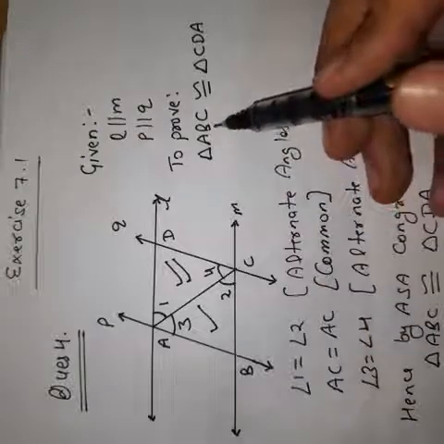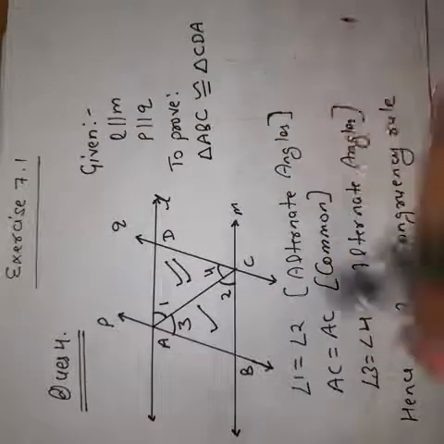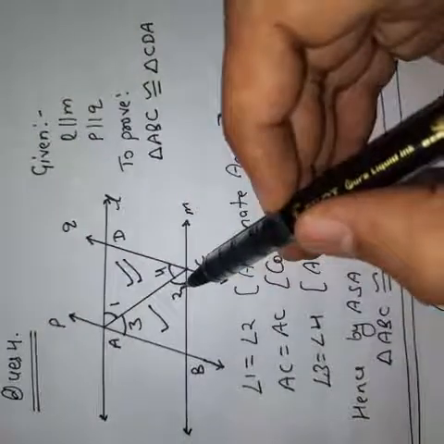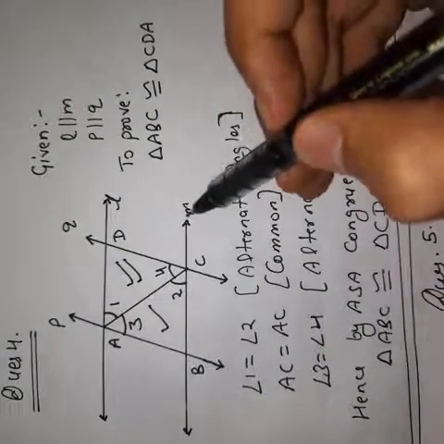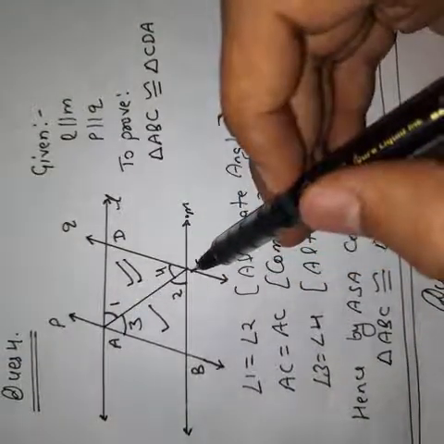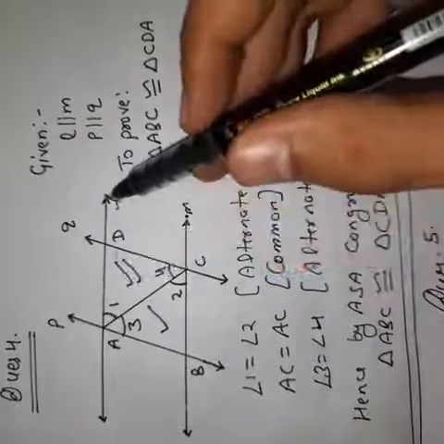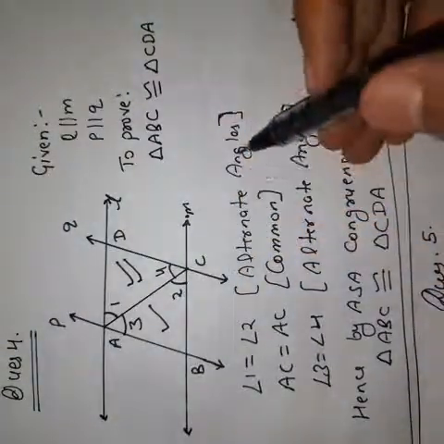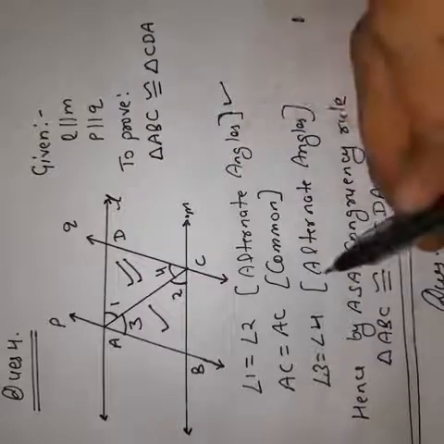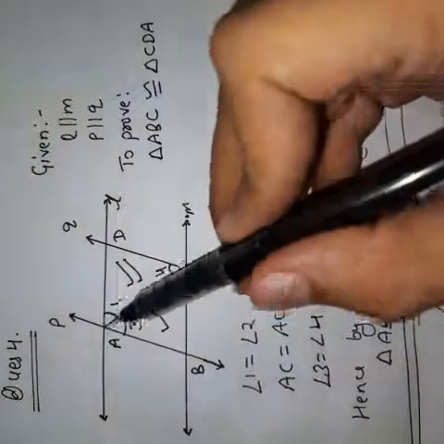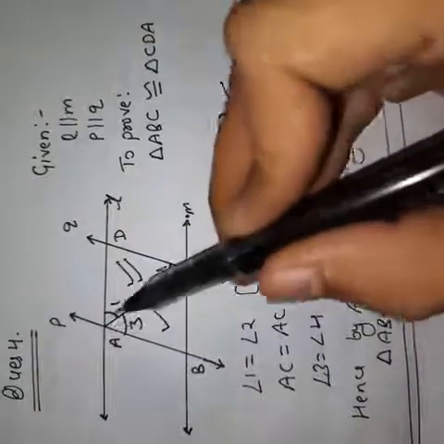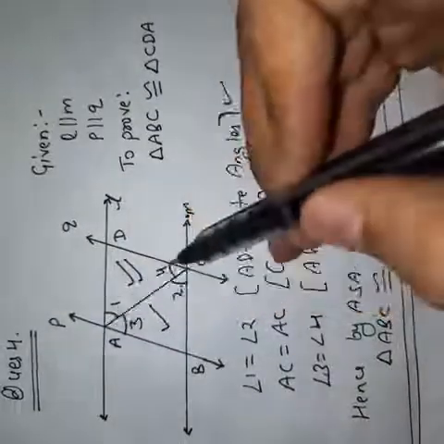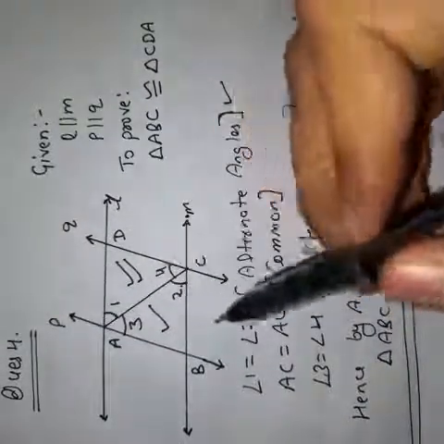Now we know that angle 1 is equal to angle 2 because lines L and M are parallel and AC is a transversal, so these are alternate angles. We also know that AC is the common side between these triangles. Then side AC of triangle ABC is equal to side AC of triangle ADC.